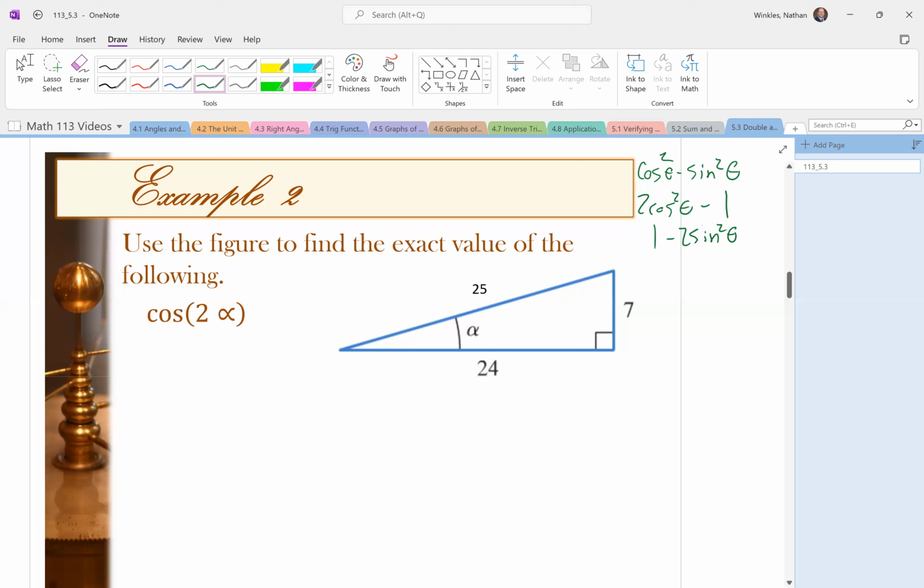So cosine of theta, or alpha in this case, cosine alpha is 24 over 25 all squared minus sine squared, which is 7 over 25 all squared. So really, we have 24 squared minus 7 squared over 25 squared.